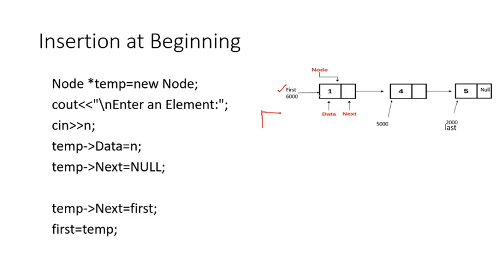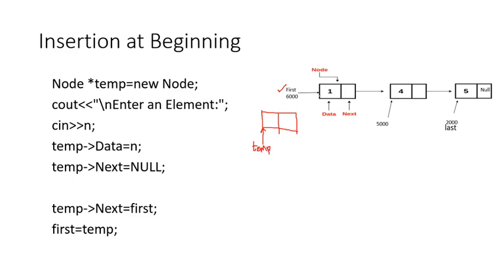node, and that can be done using the new operator. If I make use of the new operator, it will allocate the memory for the new node and it returns the base address of this newly allocated node, which we have collected into the temp pointer, which is a node pointer.